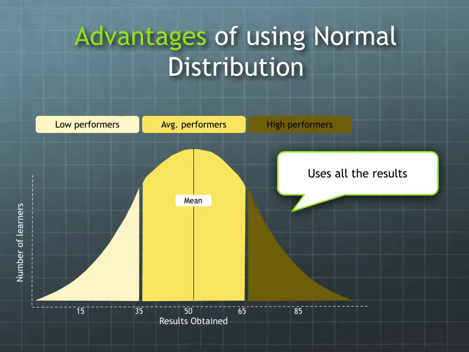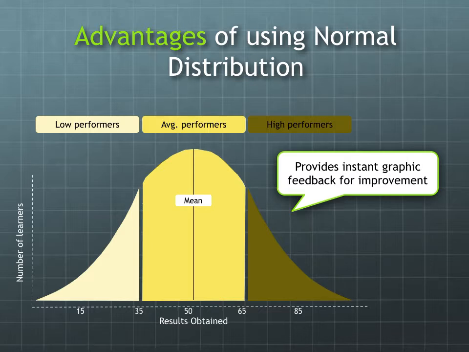It provides instant graphic feedback for improvement, so you can visually see straight away where your errors are and where you need to improve. It also describes the spread of results in a precise way.